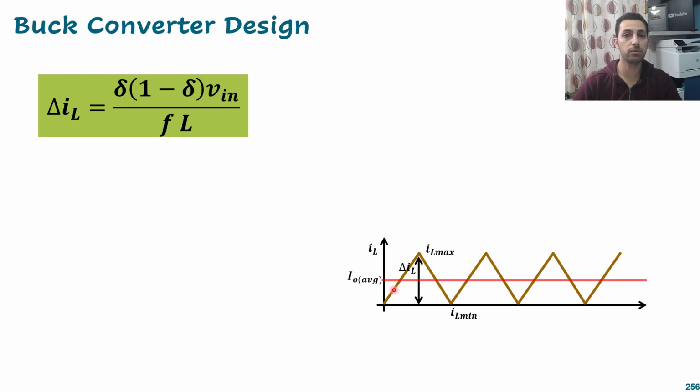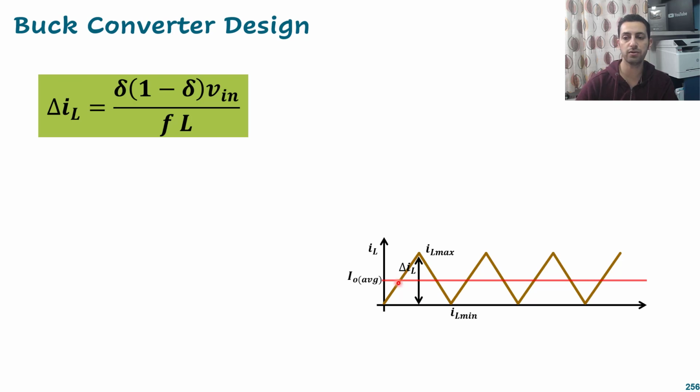So what is the minimum value of the inductance that makes the buck converter always work in the continuous conduction mode? If we assume the boundary condition, the minimum value of the current we can consider as 0. So when we have the boundary condition, the ripple goes to the maximum value and the minimum goes to 0. And the average current supplied to the output load will be the average value here. So what is the relation between the average value and the peak to peak of that ripple?